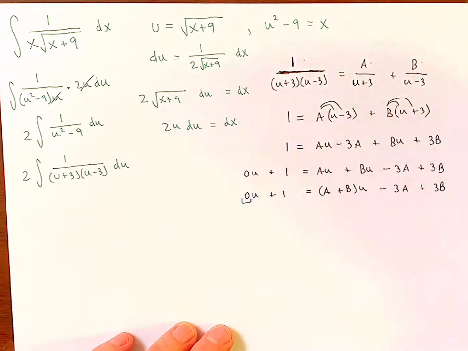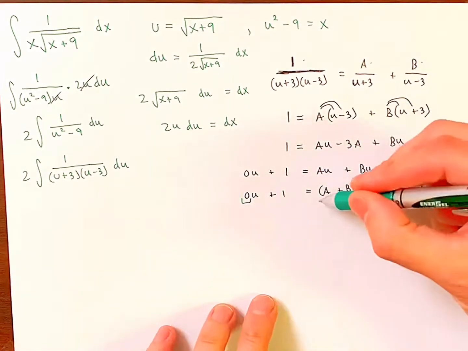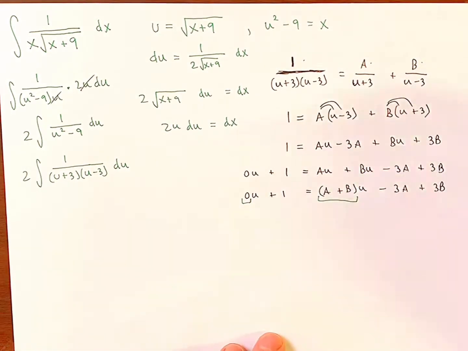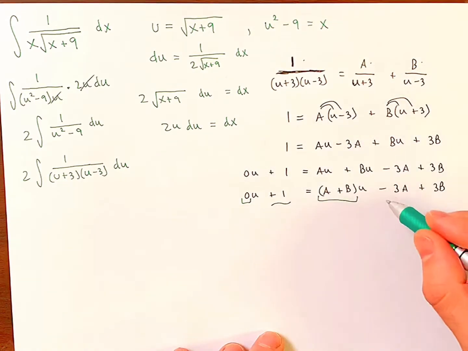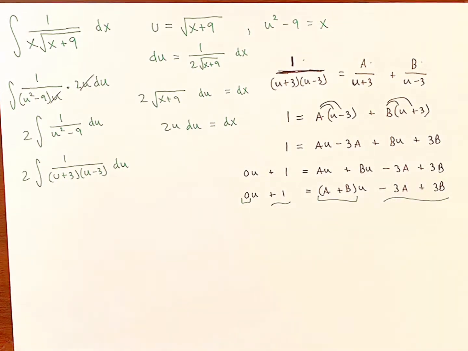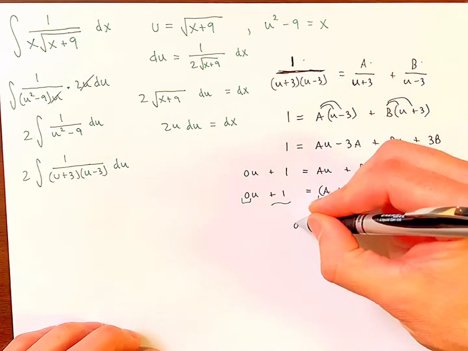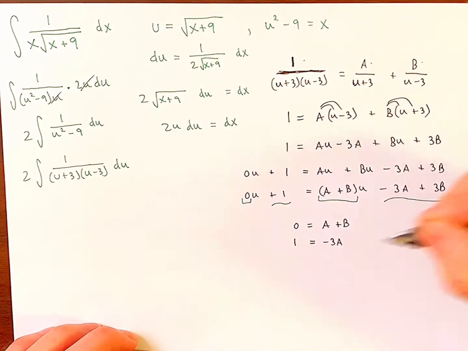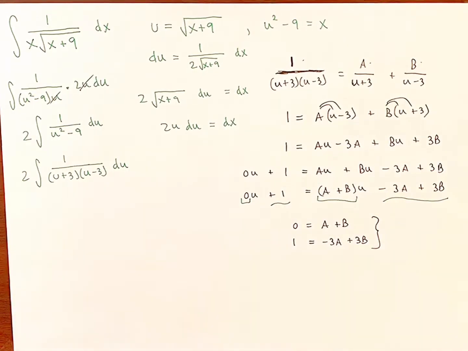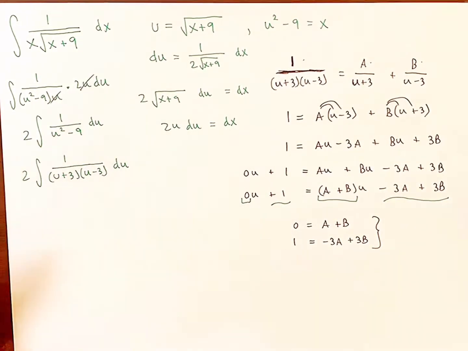Because here, that is the coefficient of u, but this is the coefficient of u, this is our constant, and this is our constant. So the system of equations that comes to life is the following. And now we are to solve this system by elimination or substitution, whichever method you'd like.